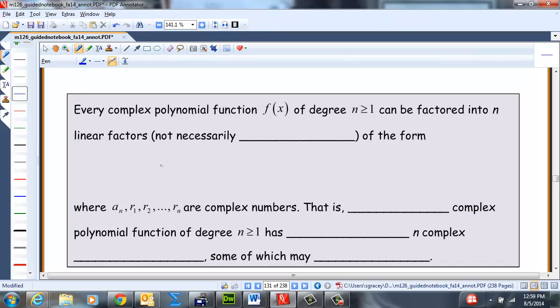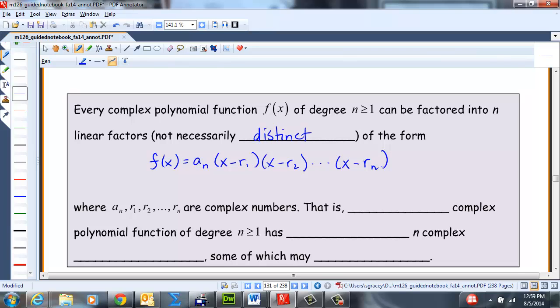They're not necessarily distinct, of the form f of x equals a sub n times x minus r1 times x minus r2, dot dot dot, times x minus r sub n, where a sub n, r1, r2, all the way down to rn are complex numbers.